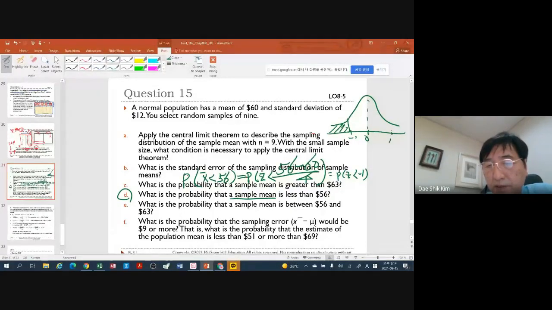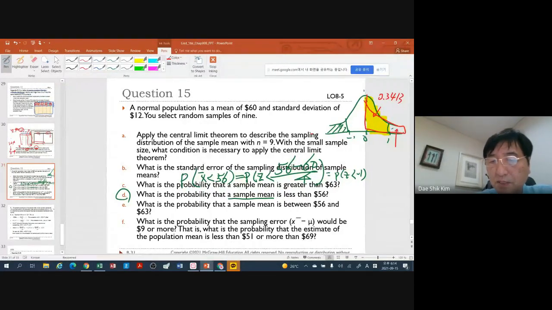1 is here. This and this are exactly the same because it's symmetric. But the normal distribution table shows, on this yellow line, when Z equals 1, it is 0.3413. Then the total is 0.5.